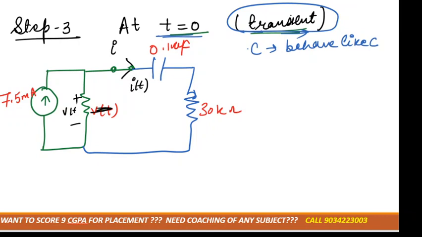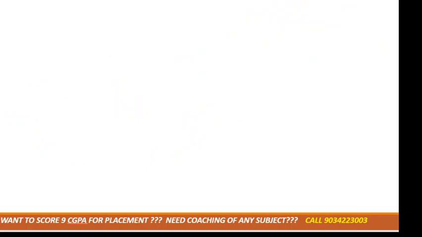That was 20 kilo ohm, right? Now what we need to do, we need to calculate V of t and I of t, right? Remember the formula I just told you. What was the formula for V of t? The equation form.